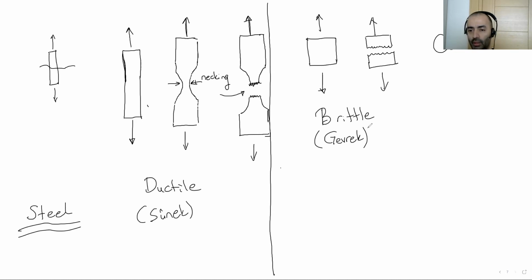So if we have a brittle material, we don't use brittle material for tension loads because we know that they are going to break down suddenly without any alert, without any information.